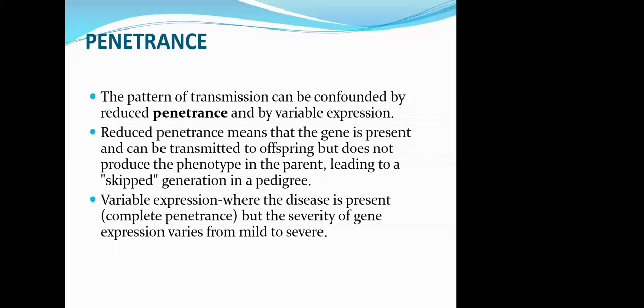This is as opposed to variable expression, whereby the disease is present, but the severity of expression varies from mild to severe. So variable expression is a situation whereby, for example, somebody has a factor VIII mutation and hence is a hemophiliac.